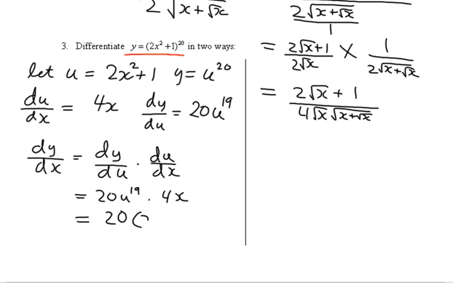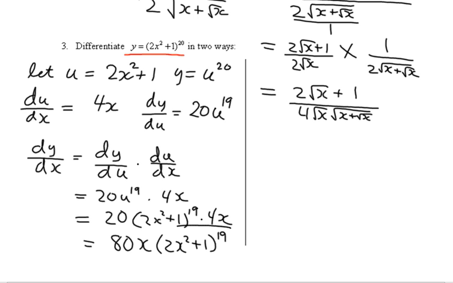U is 2x squared plus 1 to the 19. All I do is replace u with what it is equivalent to. And then the last step, a little bit of simplification. We have 80x altogether, 2x squared plus 1 to the 19th power, and there is our answer.